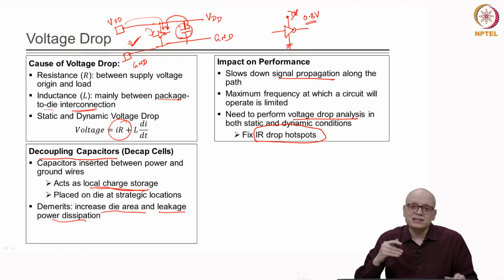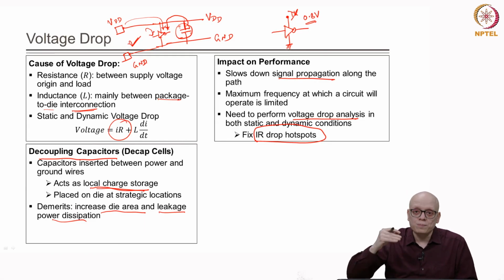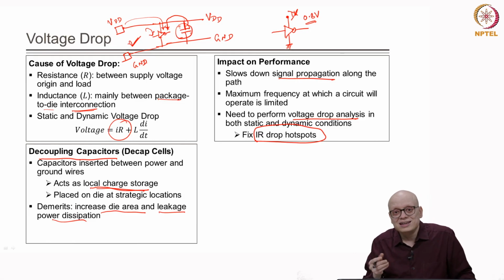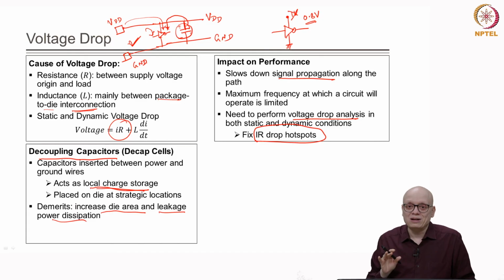So, the leakage current of the circuit can go up because of decap, but despite these two demerits, we still use decap cells to fix IR drop hotspots, because it is very effective in solving that problem, and the cost involved can be kept low if we do it carefully.